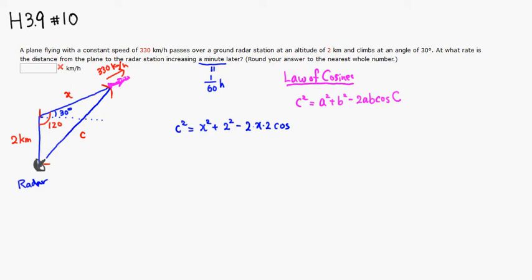I like radians, so 120 degrees is 2 pi over 3. Let's clean it up a little bit. This is just going to be x squared, and 2 squared would be 4.